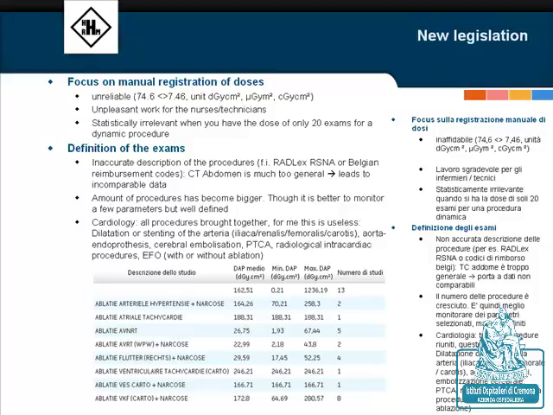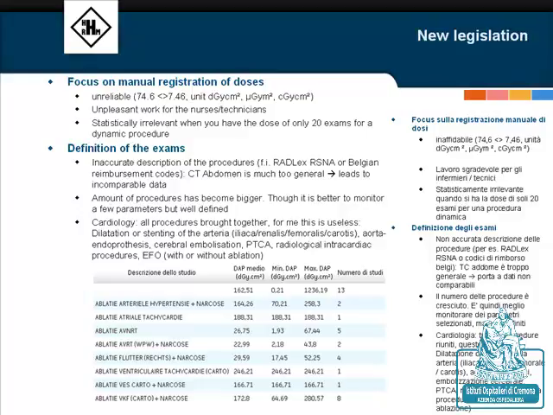In some, it's in micro gray meter square. Some are in gray centimeter square. If you don't know, as a physicist, what the unit is, forget the registration, forget the values you get. It's of course an unpleasant work for nurses and technicians, and it's statistically completely irrelevant if you have only 20 exams.